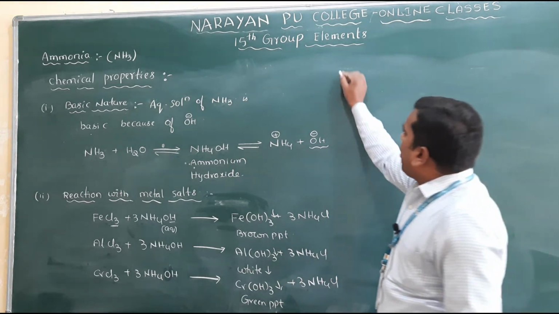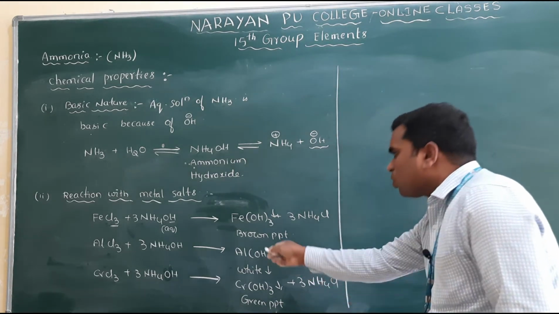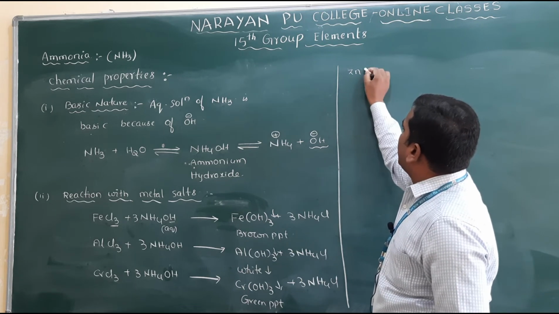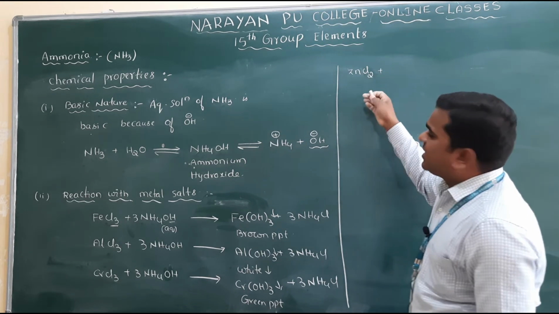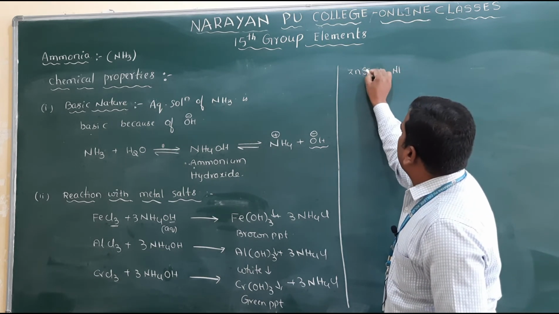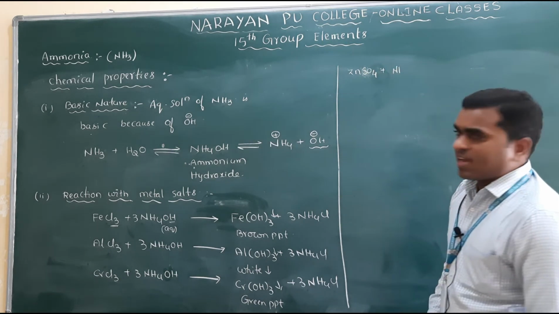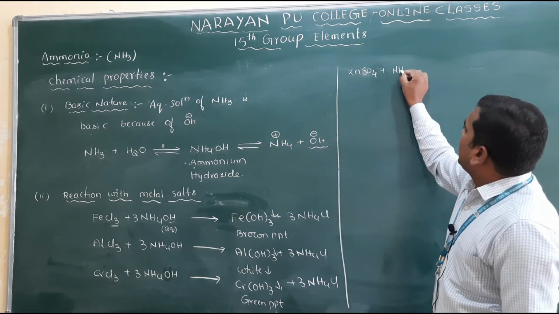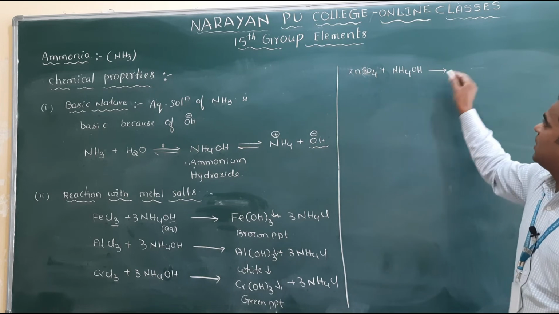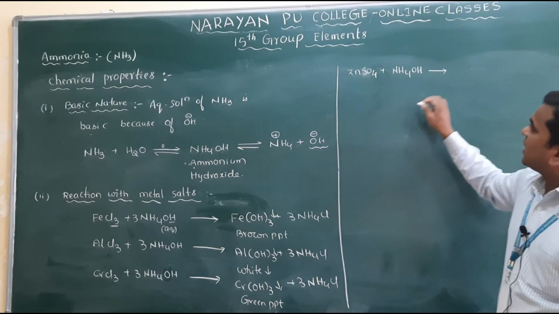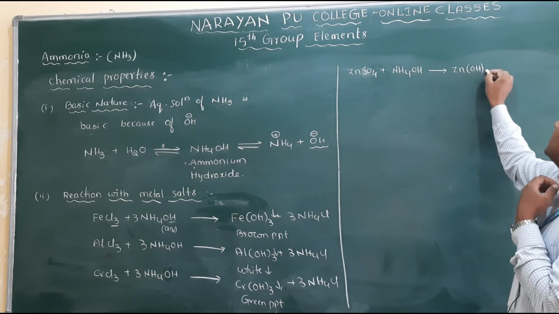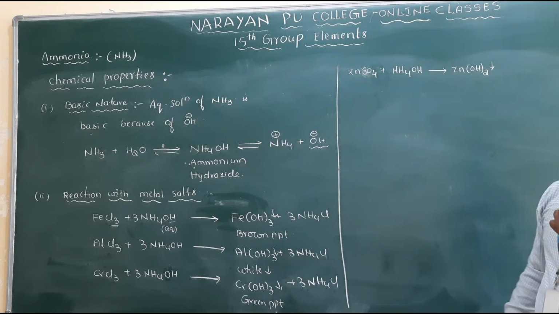Not only this, take zinc sulfate or zinc chloride, and treat it with aqueous ammonia. Every time you are taking chlorides here, you can take the sulfate. Then what will you get? You will get Zn(OH)2, zinc hydroxide, a precipitate.